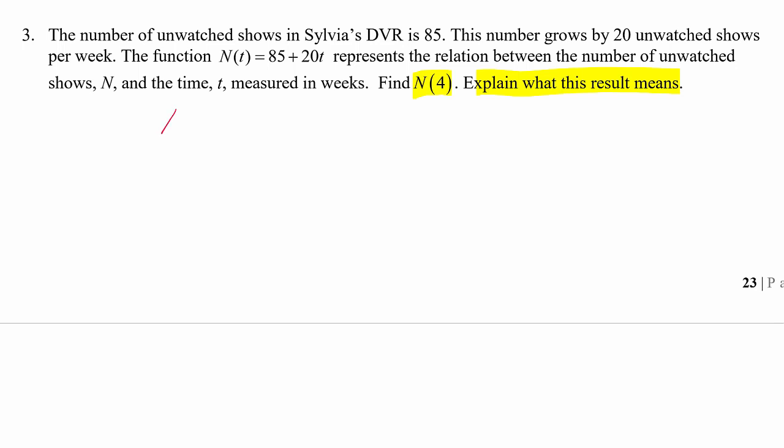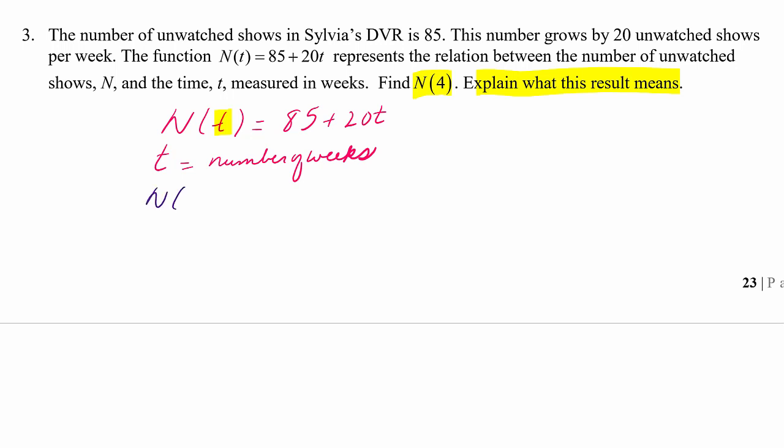So again, we have this function n of t, given by the equation 85 plus 20t. The input variable is t, the number of weeks, and n of t is our output variable, which represents the number of unwatched DVR shows for Sylvia.